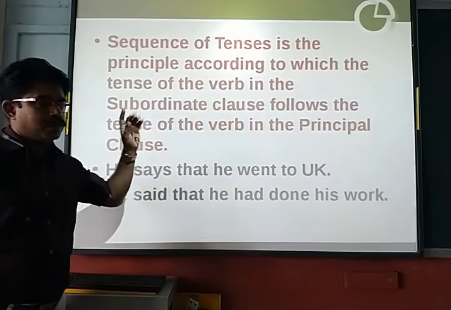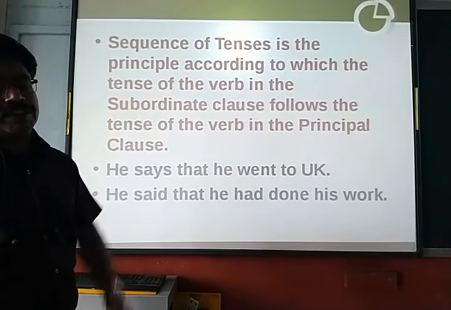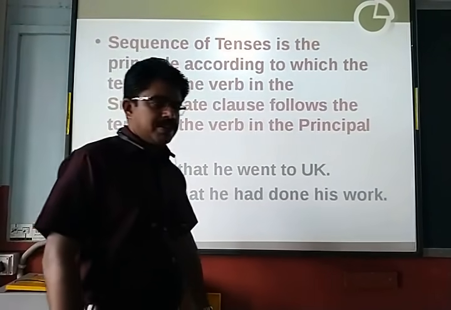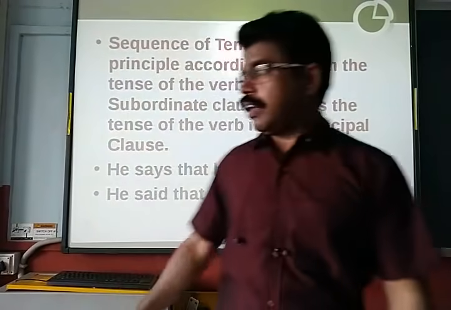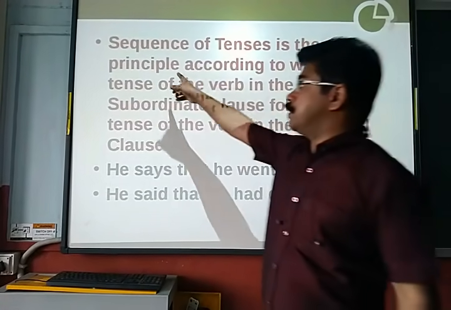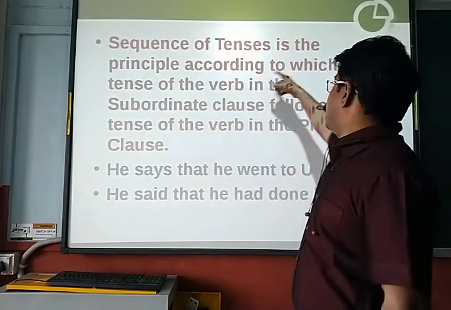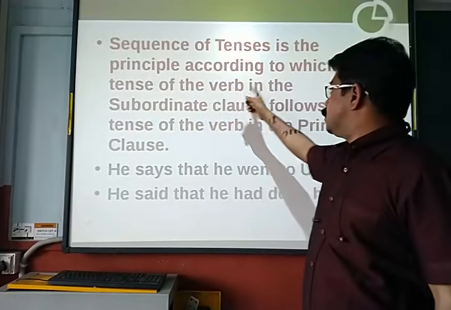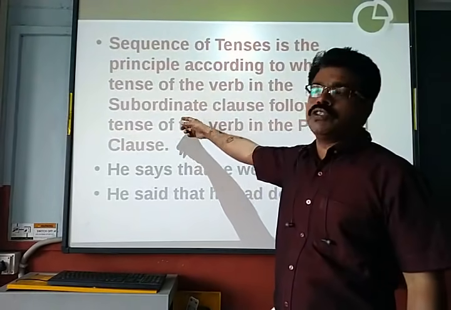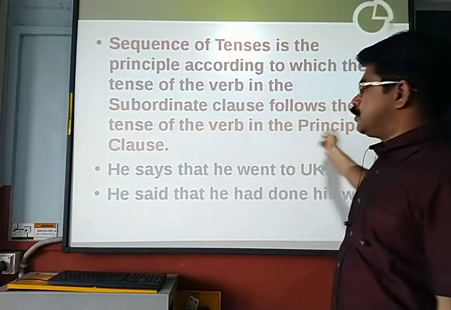Now here comes what sequence of tense actually is. What is sequence of tenses? As the definition is given, sequence of tense is the principle according to which the tense of the verb in the subordinate clause follows the tense of the verb in the principal clause.